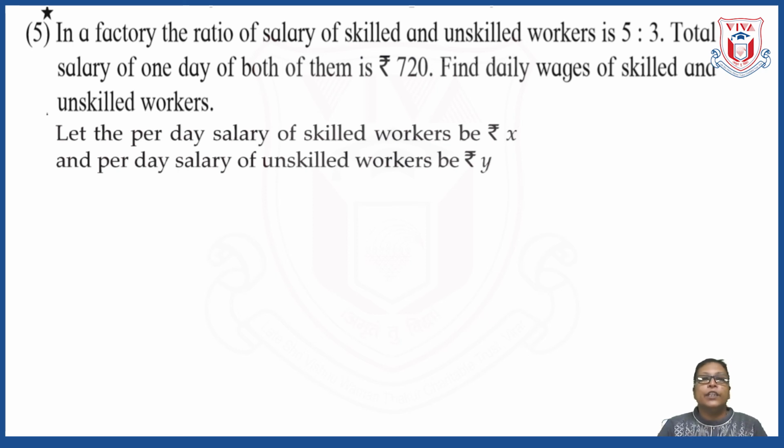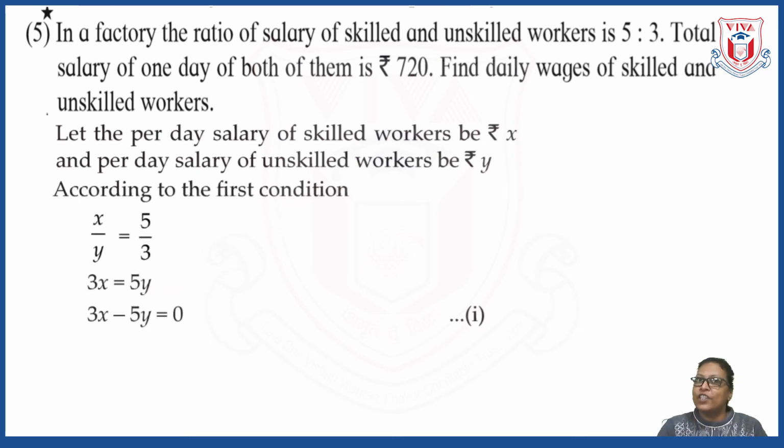Now let us make use of the first condition. In a factory, the ratio of salary of skilled and unskilled workers. Ratio means what? Numerator denominator form. So we will write down that form here. According to the first condition, x upon y is equal to 5 upon 3. Please note that 5:3 is the same as 5 upon 3.